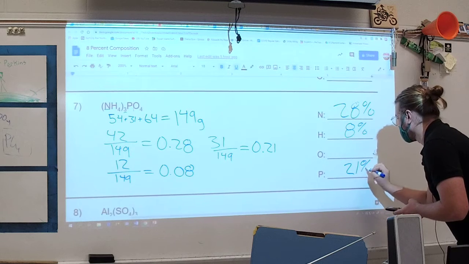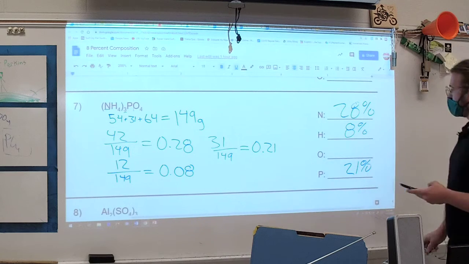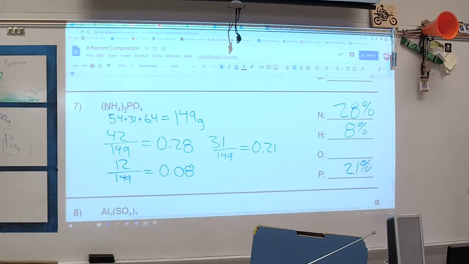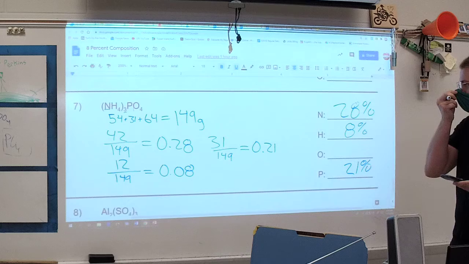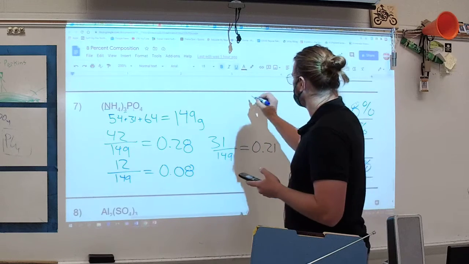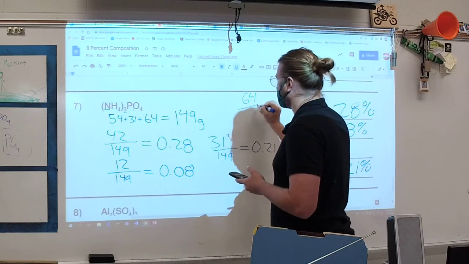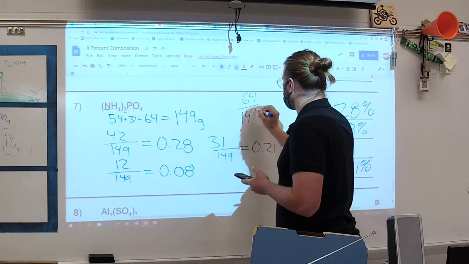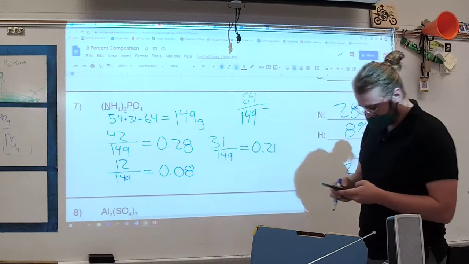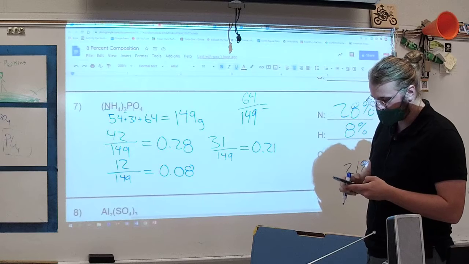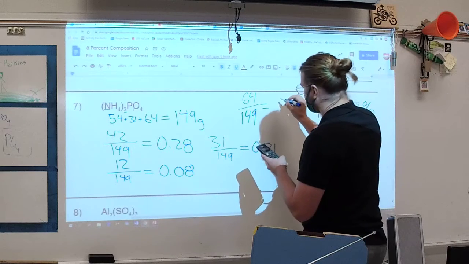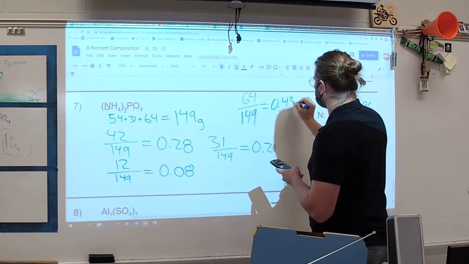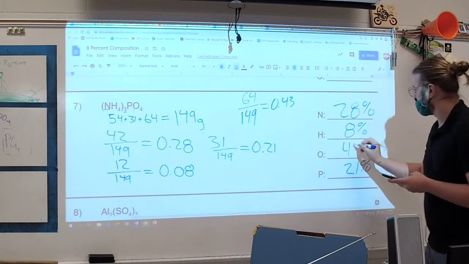Right now we could almost guess what the percentage of oxygen is going to be. Since we found all three of these, and it's always going to end up to 100, you can sort of check yourself. But let's go ahead and just work it out real quick. Let's do 64 over 149. 64 divided by 149 gives us 0.43, just 43%.